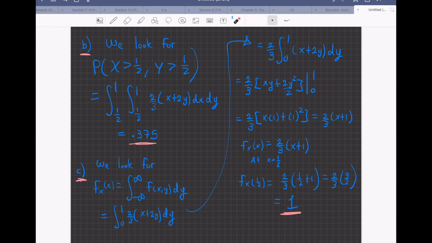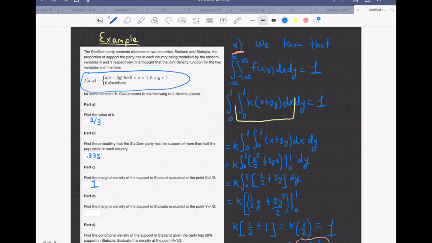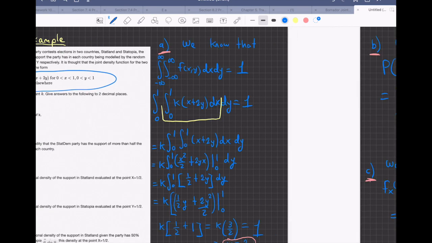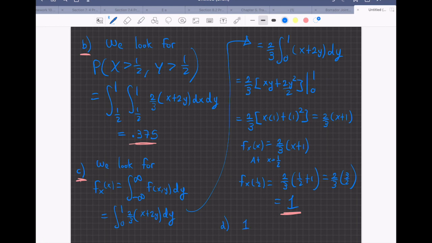So do it, and you will realize that the answer for part D is going to be 1 as well. So please verify that.